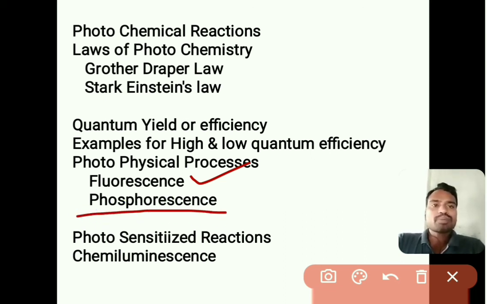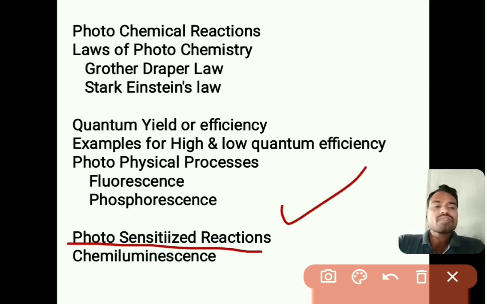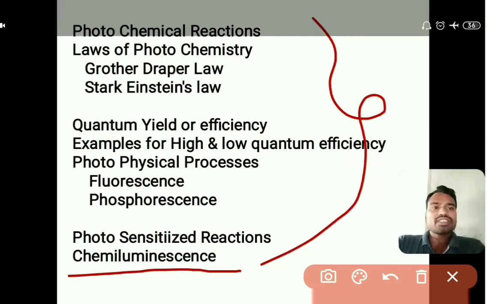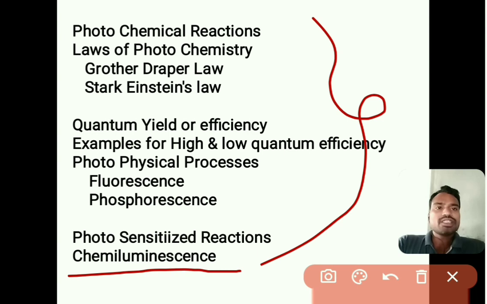Next is phosphorescence, what phosphorescence is, and examples of phosphorescent materials. After that, photosensitized reactions: what a photosensitizer is, how photosensitized reactions take place, the role of the photosensitizer, and examples of photosensitized reactions. After that, chemiluminescence. These are the major things that we have discussed in this photochemistry topic. Thank you.